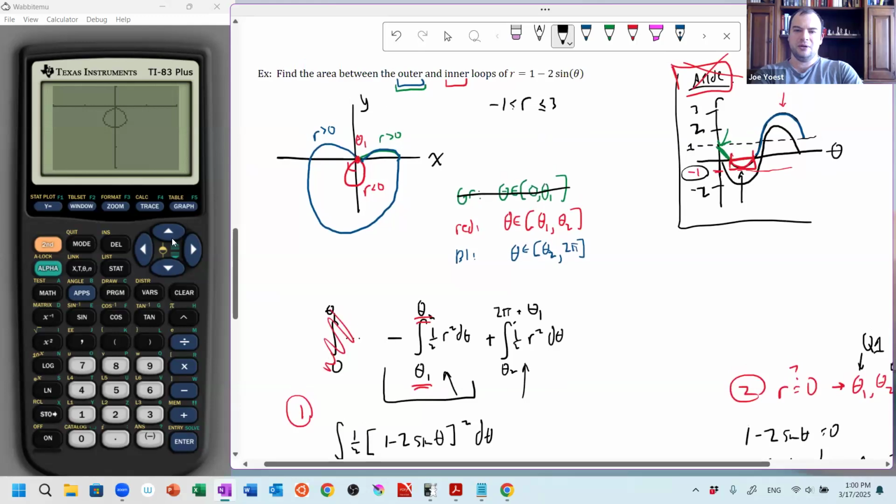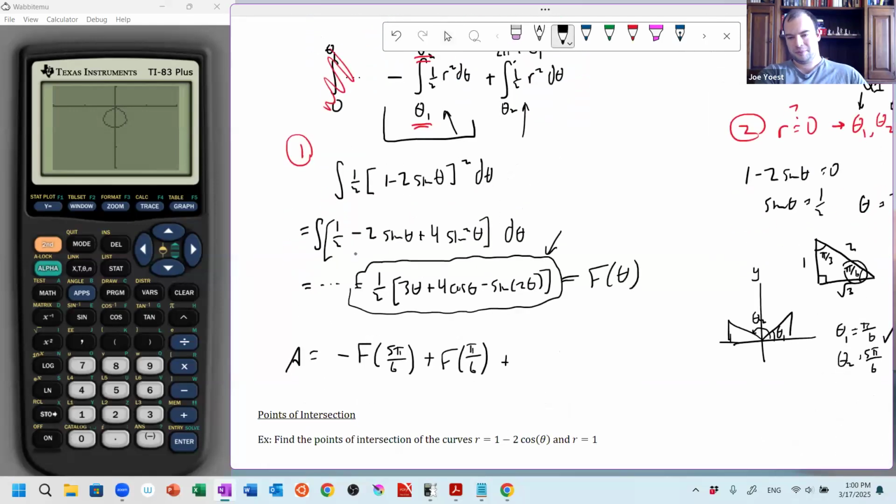But I know that r is 2 pi periodic. So that's really just big F at pi over 6, the same as 2 pi plus pi over 6 in this context. And then minus big F at theta 2, 5 pi over 6.